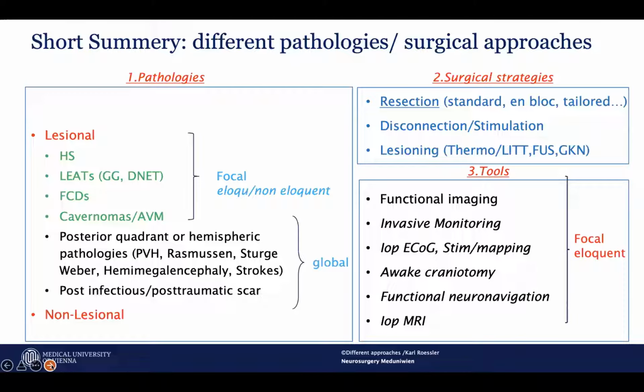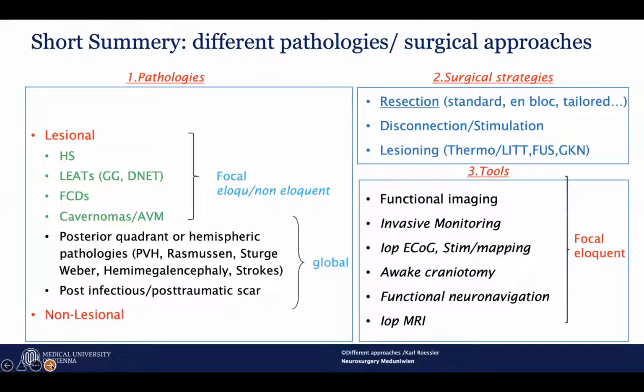And I have done this summary slide for today. There are 3 factors we have to talk about. The first one, of course, is what kind of pathology do we suspect from our images and so on. And there we have lesional and non-lesional pathologies.